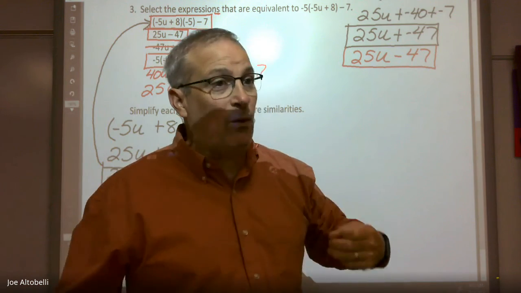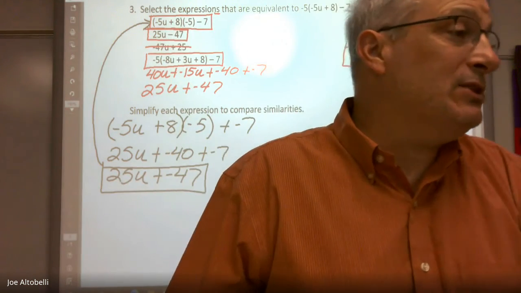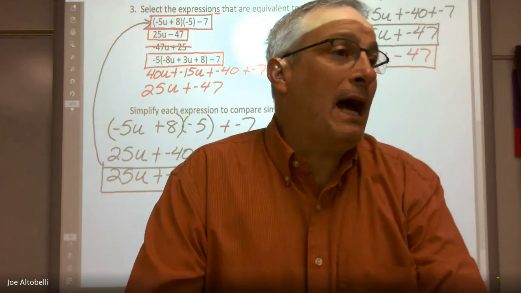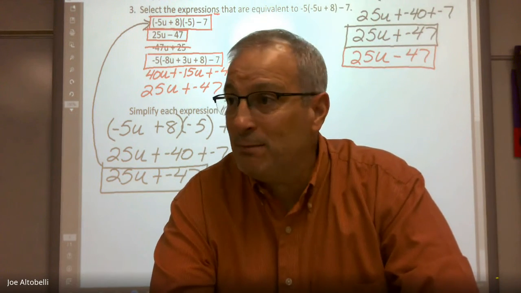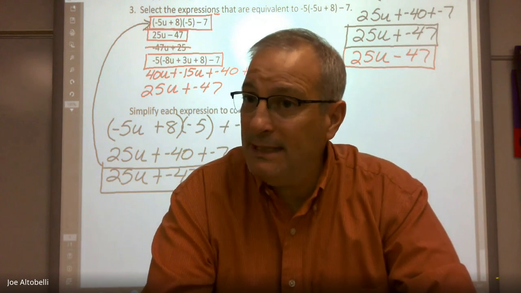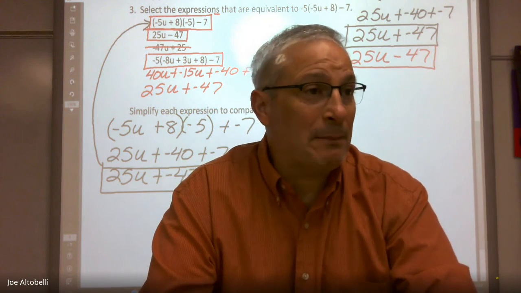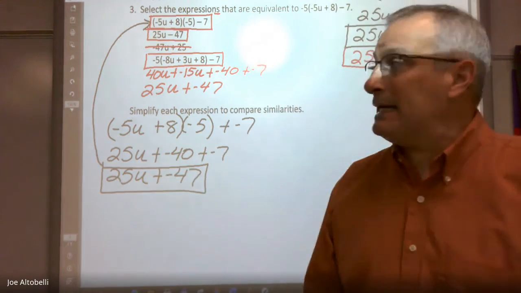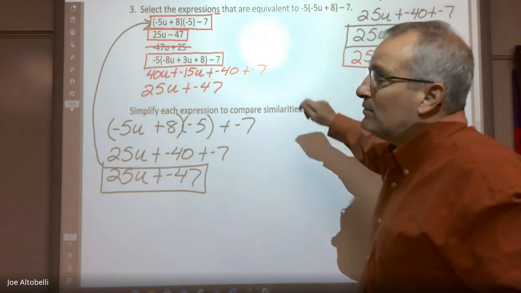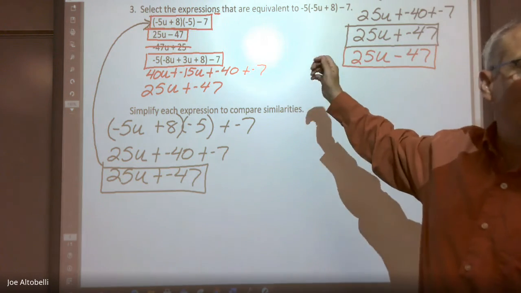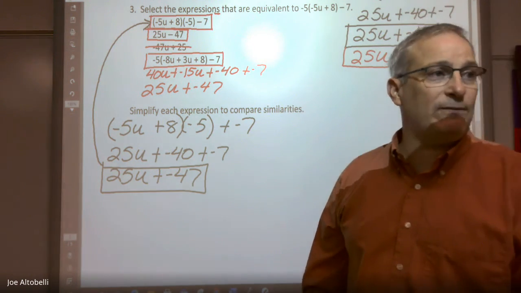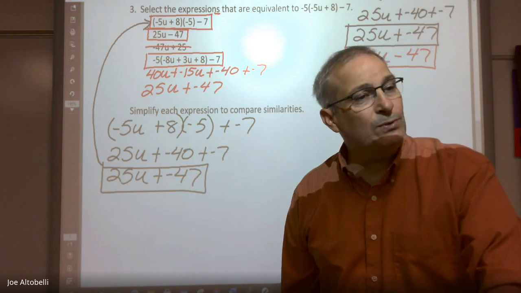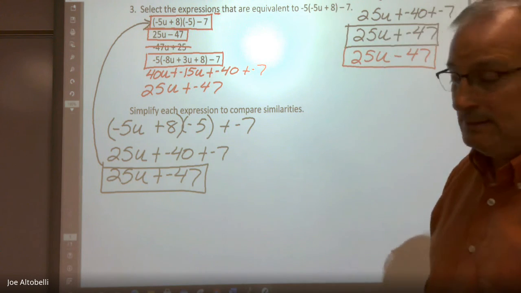I've said this before, and I'm going to say it again. I suggest you work it out on a separate sheet of paper. Please work things out on a separate sheet of paper. You're not going to be able to do all of this on your computer screen, writing and erasing. It's going to be very difficult to do it that way. Just do it on paper, please.